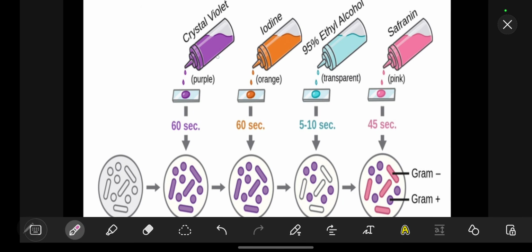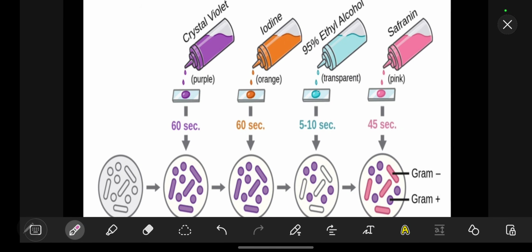As you can see, we have the primary stain, which is purple in color. So it is added. So this is the bacteria. When it is added, we are going to have the purple color. This applies to both gram positive and gram negative. When we have the iodine added, we still remain with the color purple.